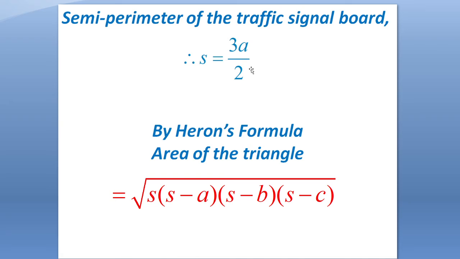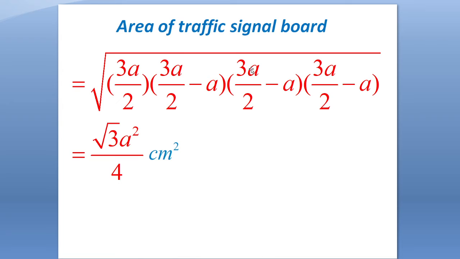Now use Heron's formula to find the area of the triangle: under root S into S minus A into S minus B into S minus C. So S is 3A divided by 2 and all sides are A. So 3A divided by 2, second bracket 3A divided by 2 minus A, third bracket 3A divided by 2 minus A, and also again 3A divided by 2 minus A. So simplification gives root 3A square divided by 4 centimeters square.